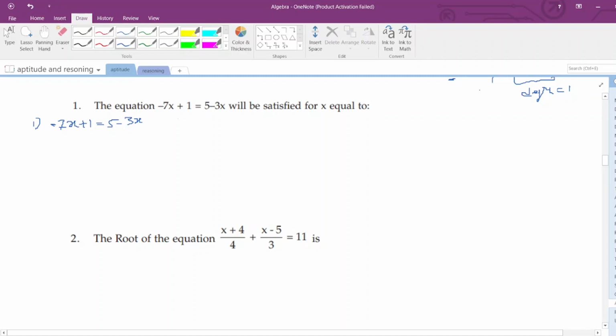On the left side 1 and on the right side also 1. So this is a linear equation. I take all the x terms to one side and all the constants to the other side. If +5 comes to this side it becomes -5, and -7x taken to the right side becomes +7x, right? Subtract: 1 - 5 is -4 and 7x + 3x is 4x... then x is equal to -1. So this is the answer.